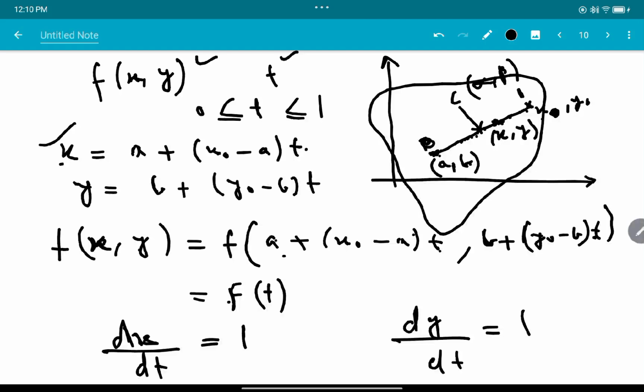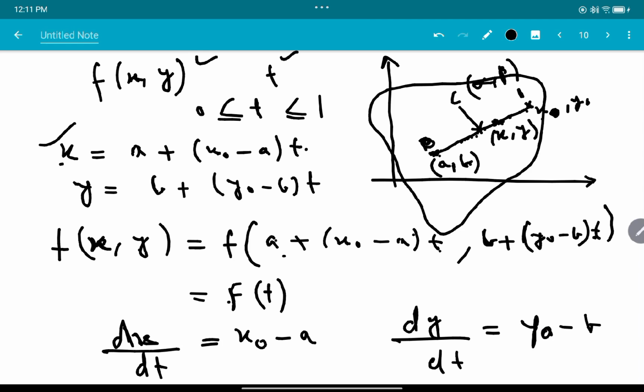Sorry, I'm wrong. This is why sometimes we make wild mistakes. A vanishes because now here t vanishes, but x naught minus a remains. Sorry, y naught minus b remains.